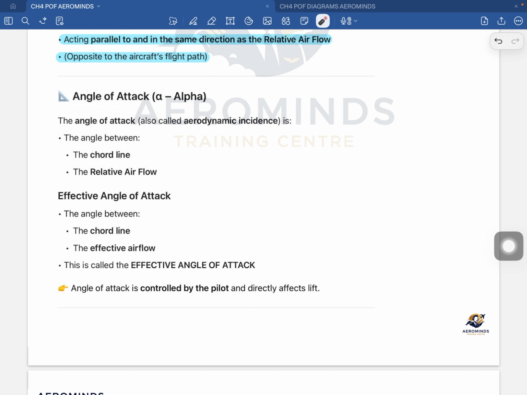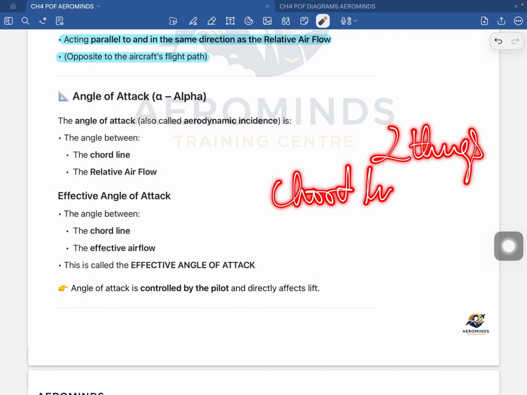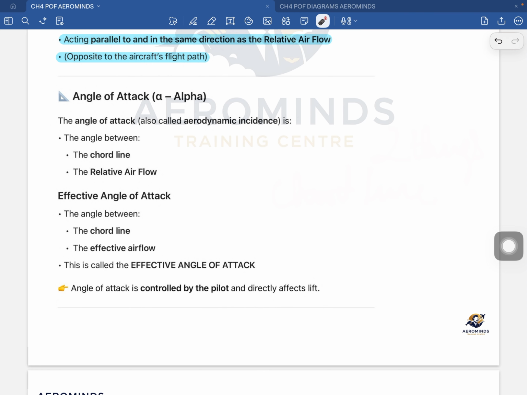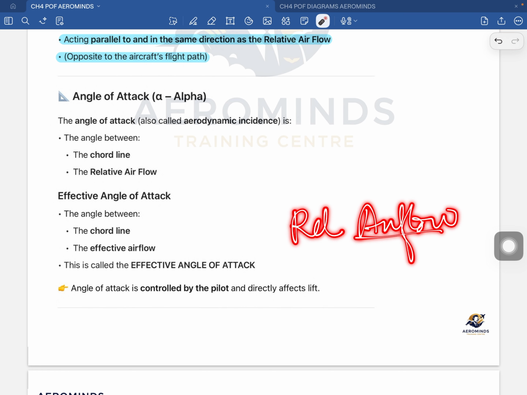Okay, the angle of attack is the angle between two things: first is the chord line, and second is the relative airflow. So remember this, both these things, chord line and the relative airflow.